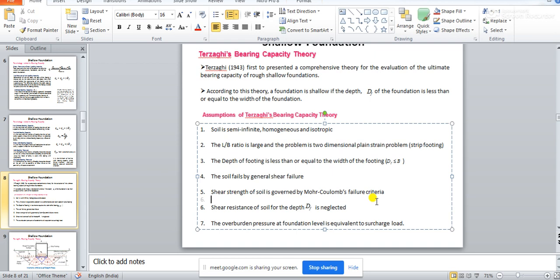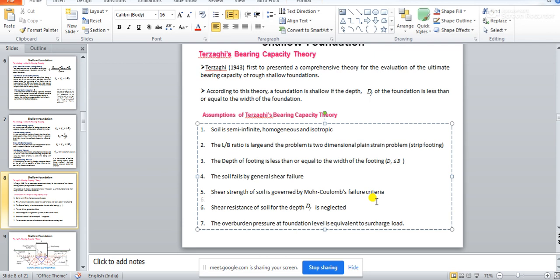It means it is assumed by Terzaghi in his bearing capacity equation that only the soil below the footing will be participating in the resistance, only it will be giving shear resistance. The shear resistance will be only given by the soil below the footing.